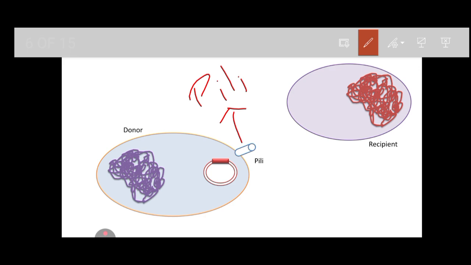This will help the organisms to connect with each other, because by definition conjugation is a way by which an organism transfers genetic material from one to another. This bridge called pili connects the organisms together. Through this pili, the DNA will be transferred from the donor to the recipient cell.